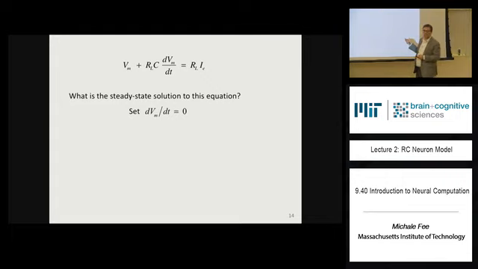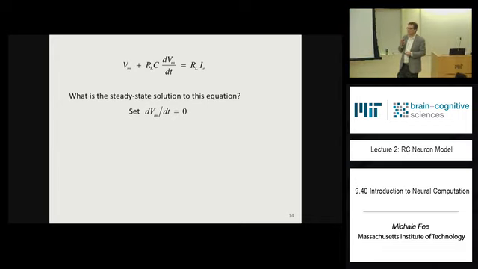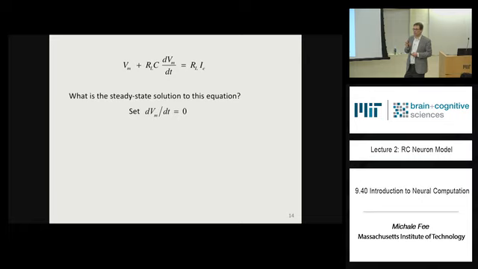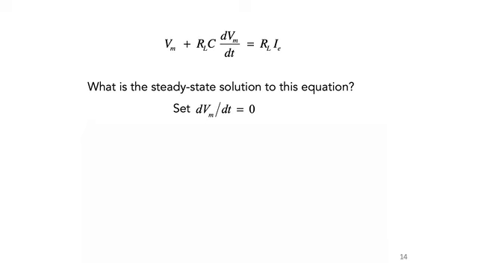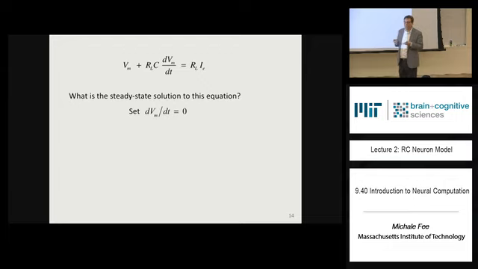Good. So you inject some current. We're going to hold the current constant, let's say. Okay, we put some current in and we hold it constant. The voltage will change, and eventually things will settle down and the dV/dt will go to 0. At that point, we know the voltage. It's just RL times IE. What is that?